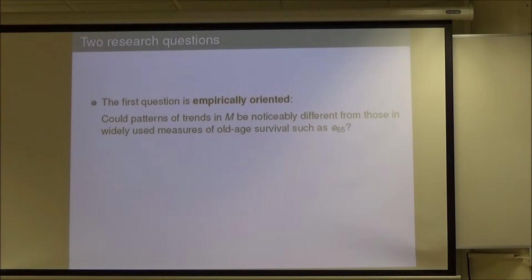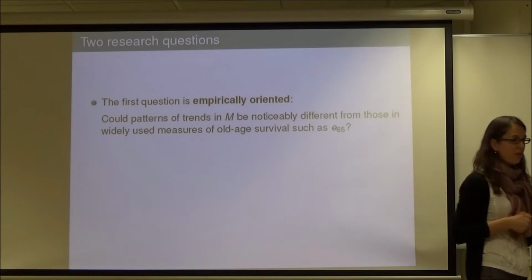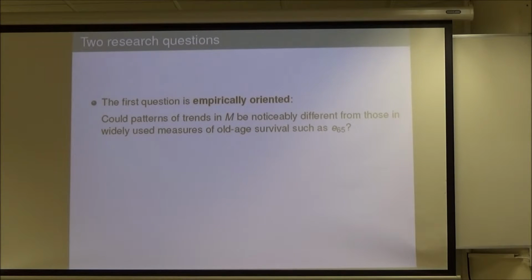Could patterns of trends in the modal age at death be noticeably different from those in widely used measures of old age survival, such as E65? If the trends in M and the trends in E65 are different, then maybe M may be able to shed light on some aspects of mortality trends that are not captured well by E65.